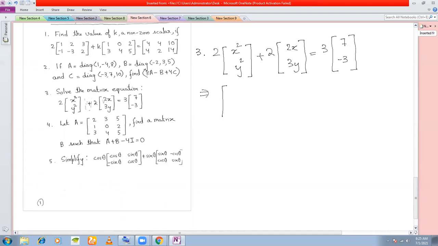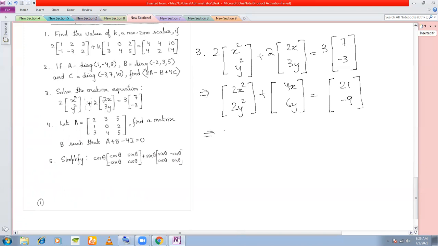Now you multiply this: 2x square, 2y square, plus, and you multiply this, you get 4x, 6y, is equal to, on multiplication of this you get 21 and minus 9.